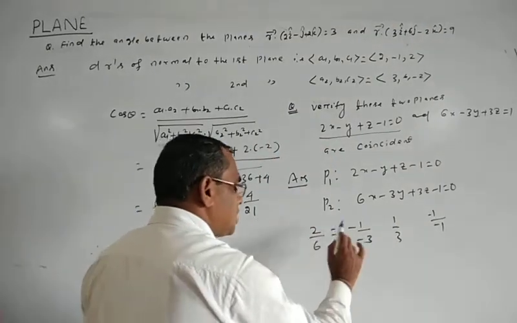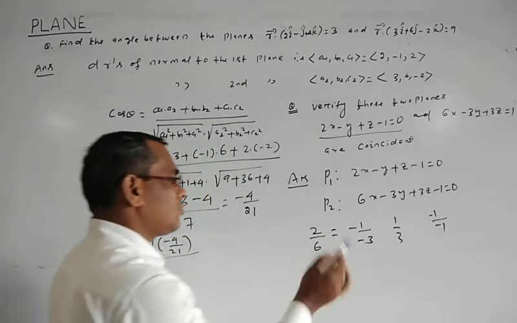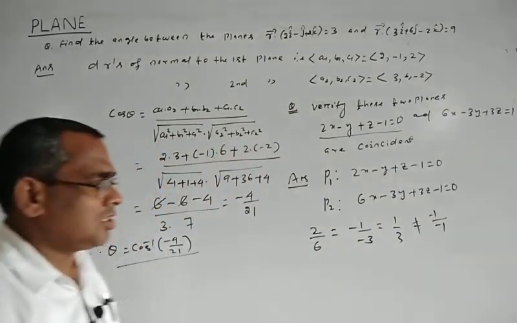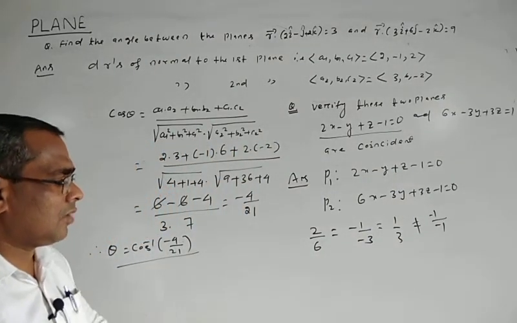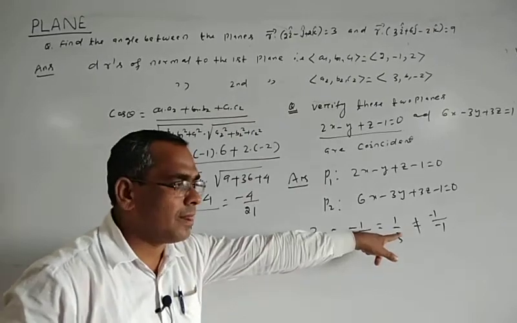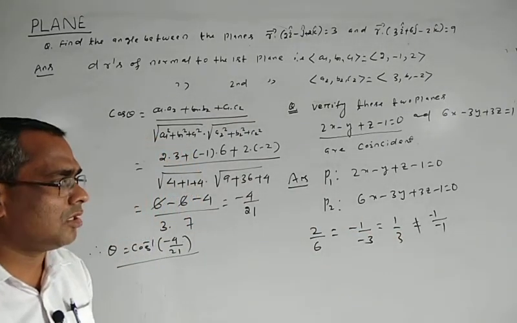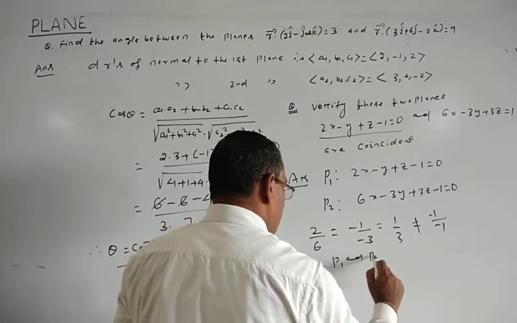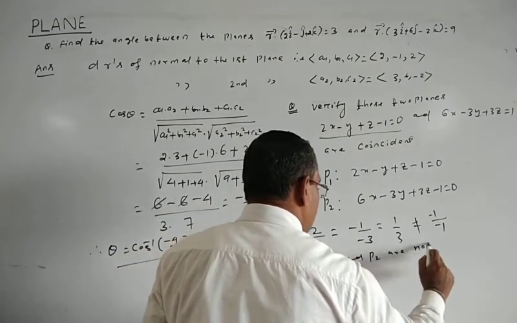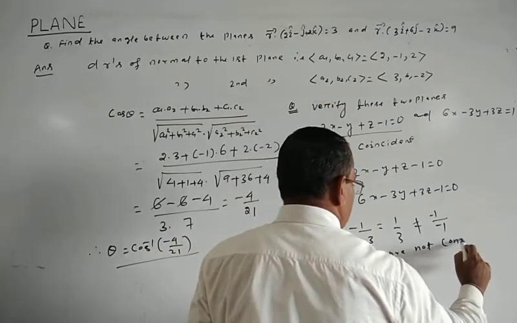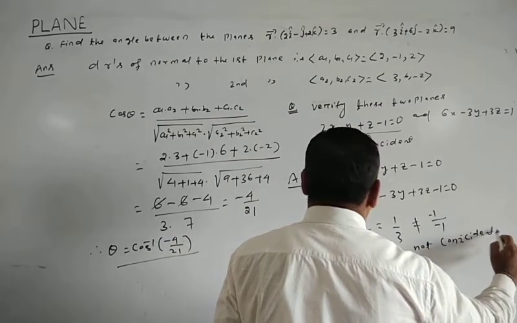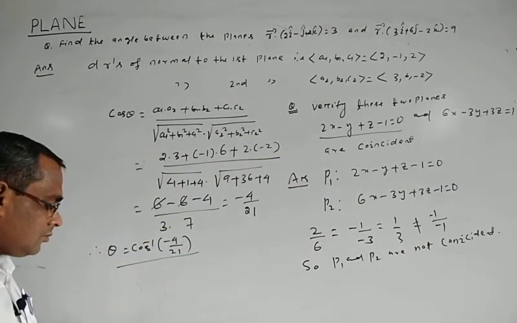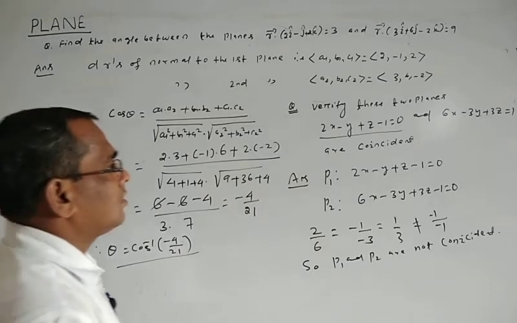So 2 by 6 is equal to 1 by 3 is equal to 1 by 3, but d1 by d2 is not equal to 1 by 3. So P1 and P2 are not coincident. Okay. Next, verify that these two planes.